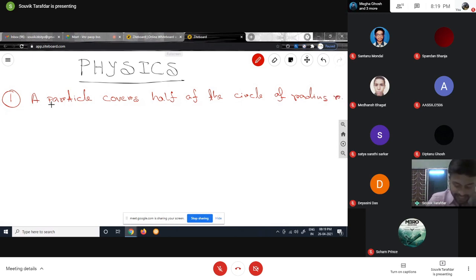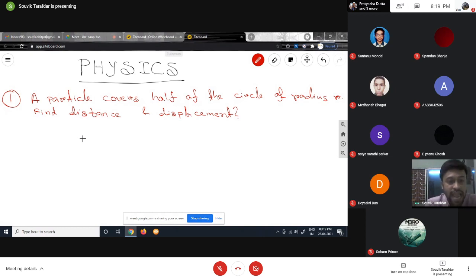Then the displacement and distance of the particle are how much? Find distance and displacement. Find what? Distance and displacement of the particle.